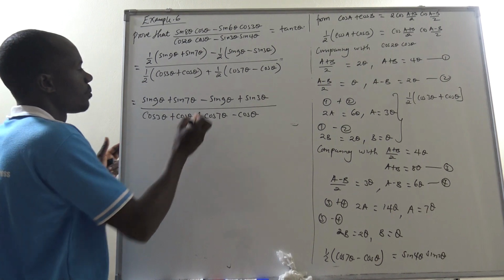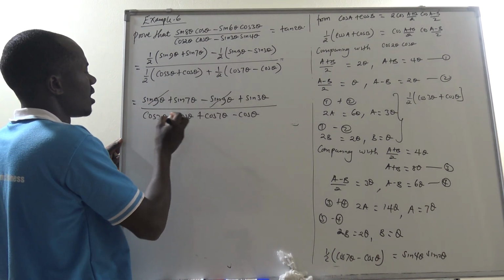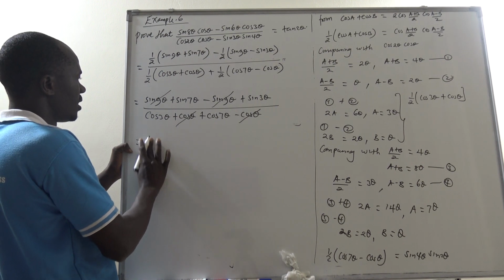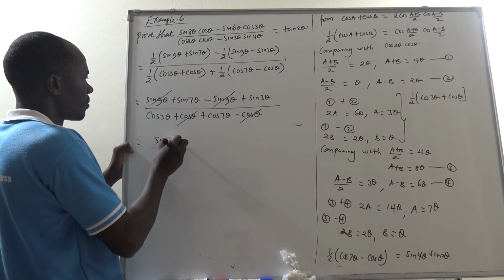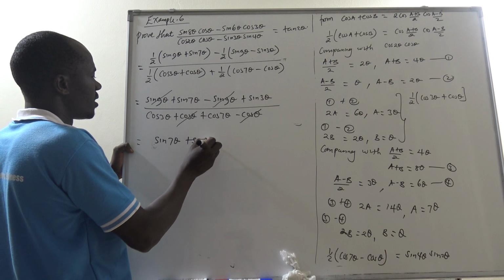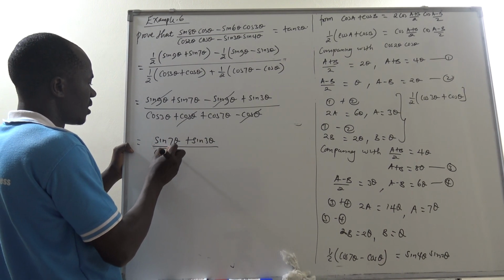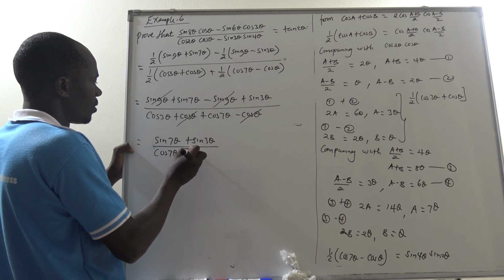So can we reduce where possible sine 9 theta, and cos theta and cos theta? So we are remaining with sine 7 theta plus sine 3 theta all over cos 7 theta plus cos 3 theta.